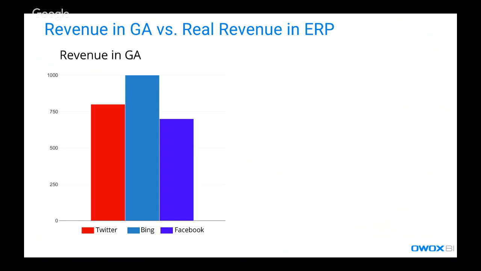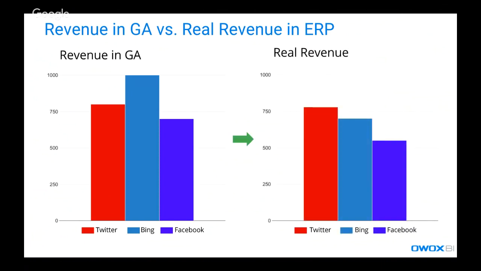But before that, let me explain why it's important. If you talk about revenue in GA and you have repeat transactions, revenue in GA will look way better than it is in the real world. And if you subtract all those repeat transactions, the revenue that was generated by a certain channel can dramatically decrease, and you'll understand that something went wrong.